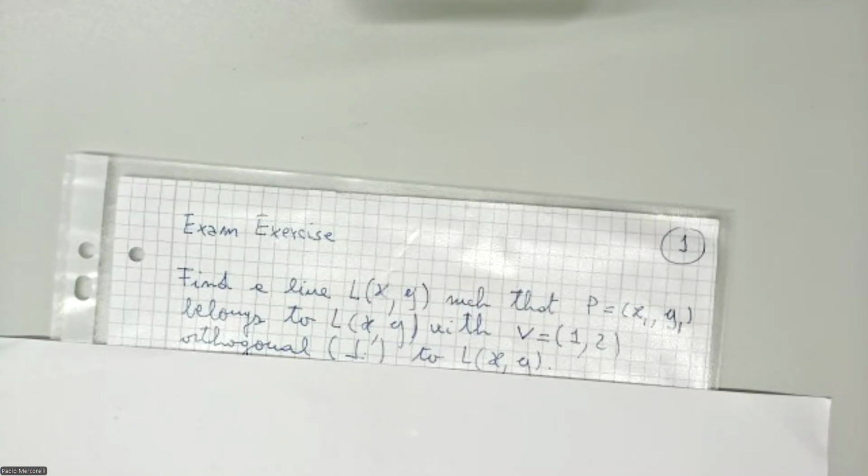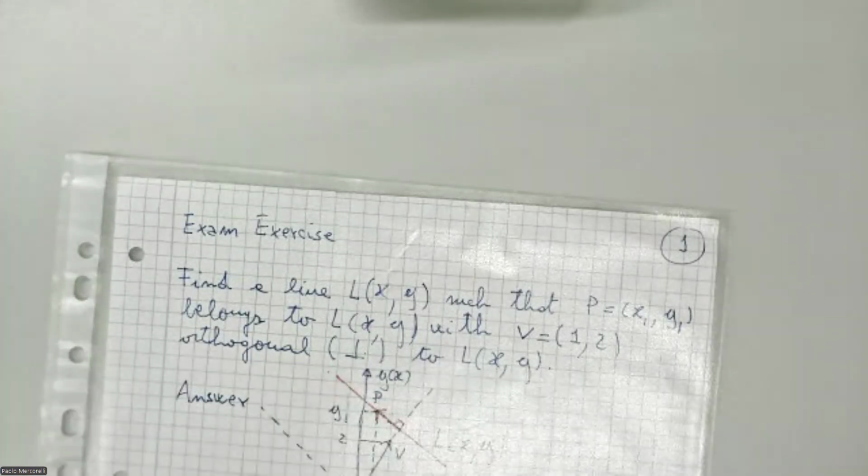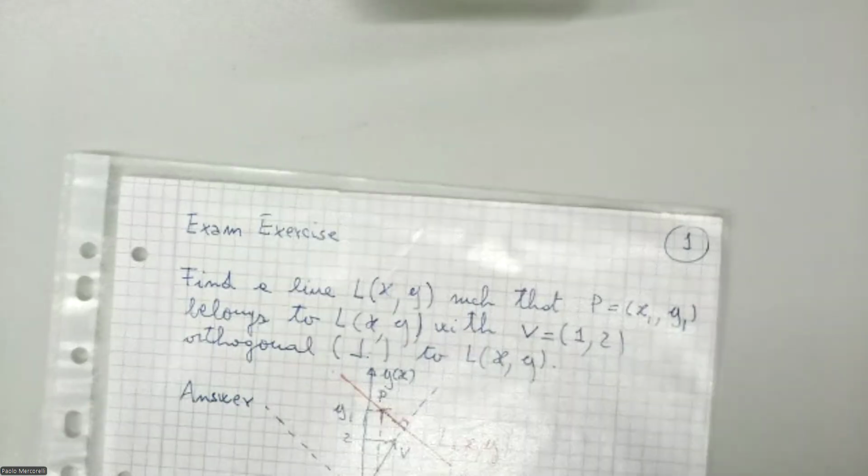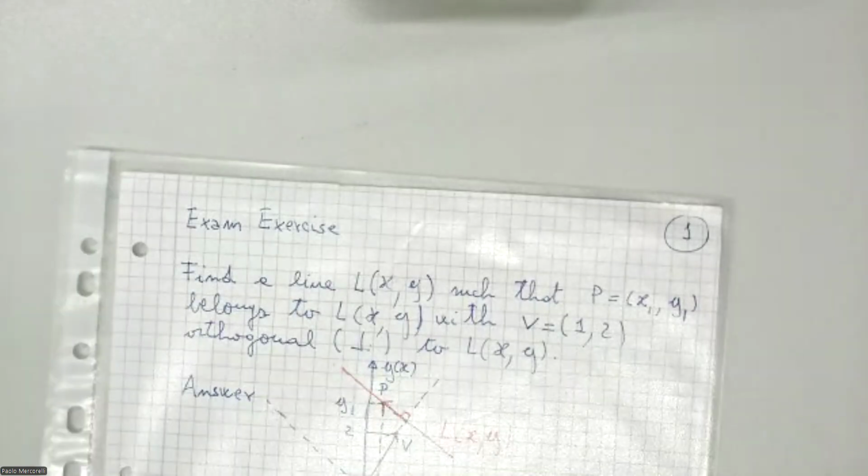Find the line L as a function of x, y such that P equals x1, y1.